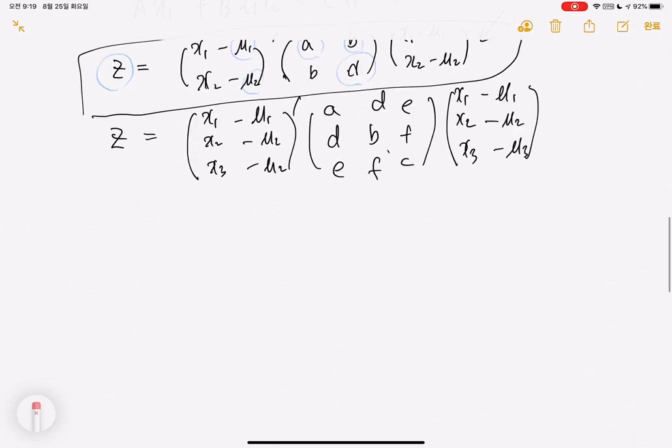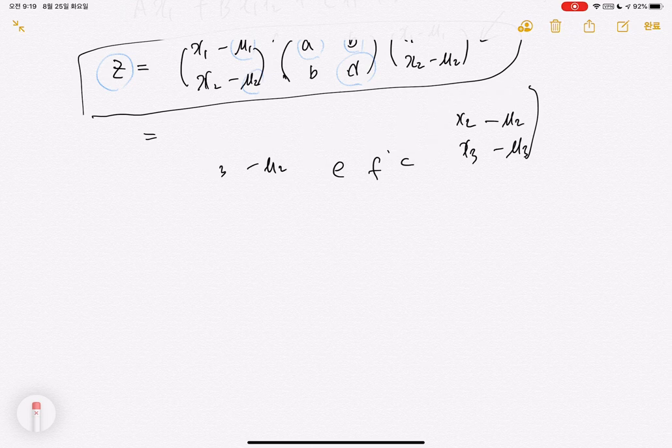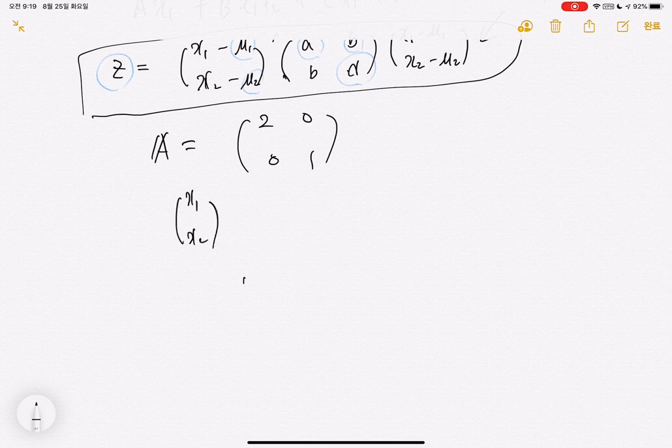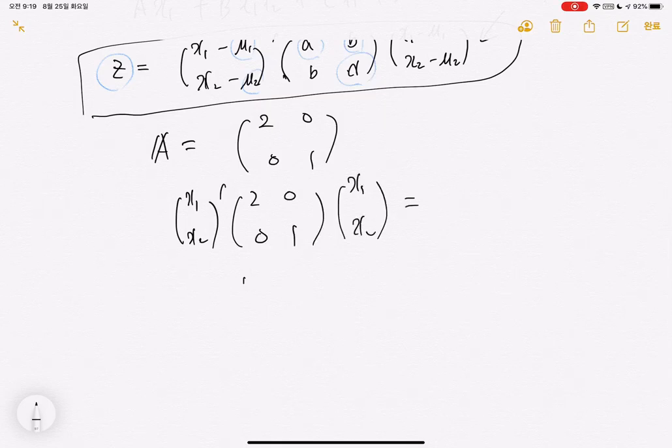consider the following matrix. Let's say your A is 2, 0, 0, 1. Then the quadratic form x1, x2 prime times [2, 0; 0, 1] times x1, x2 is 2 x1 squared plus x2 squared.